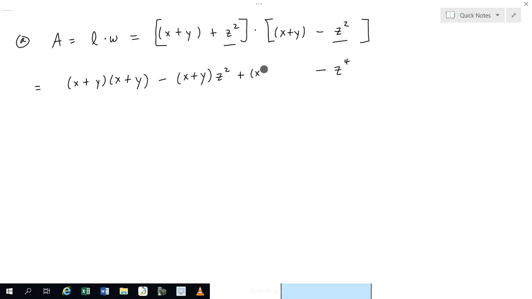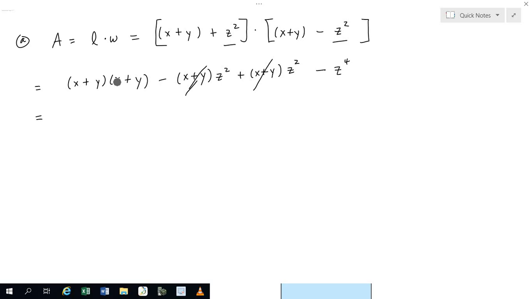I'm going to put the x plus y first, and then multiply it by the z squared. That makes it clear that these two cancel out. This one's negative and this one's positive, so they cancel out. Then you're left with x plus y times x plus y minus z to the fourth power.